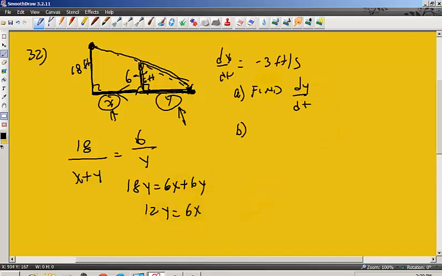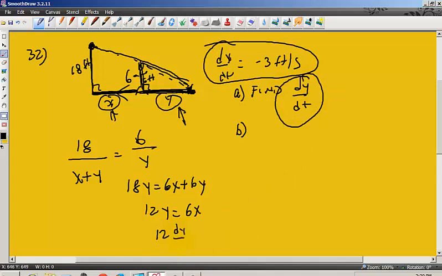We have dx/dt and we're finding dy/dt, so we take the derivative. 12 dy/dt equals 6 dx/dt. Plug it in: 12 dy/dt equals 6 times negative 3.